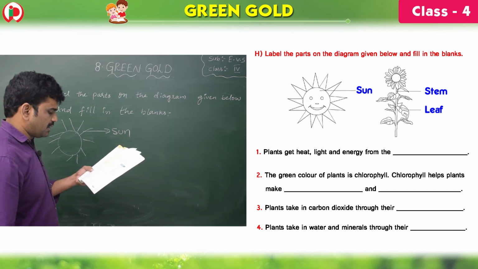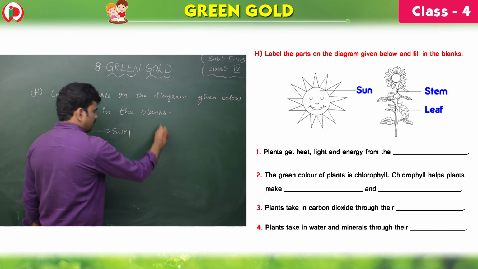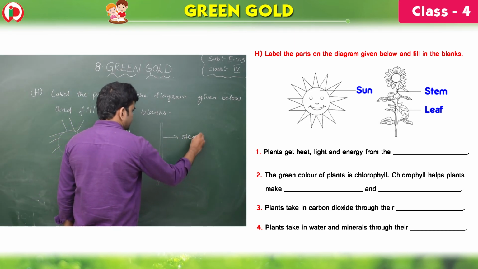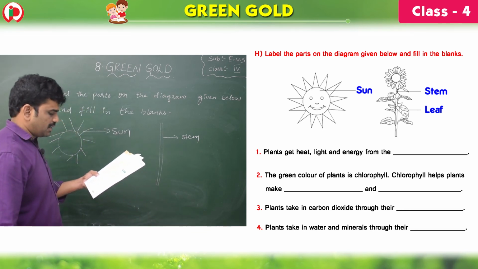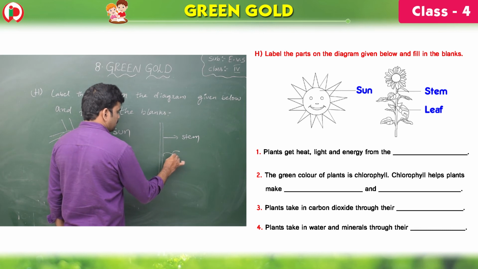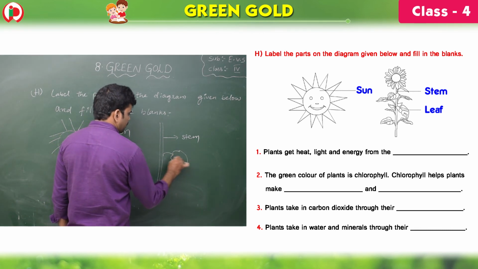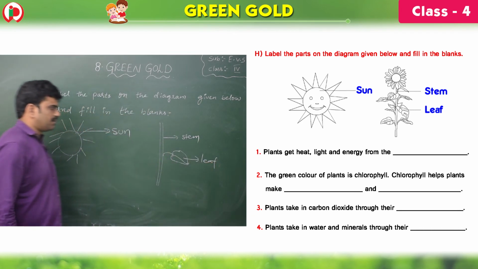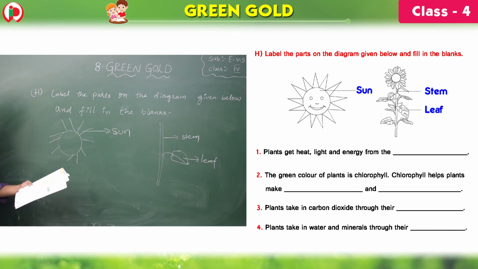And second one, stem. If you see, children, this is stem. And next one, that is leaf. So you have this part also, no? So this is leaf. Next one.